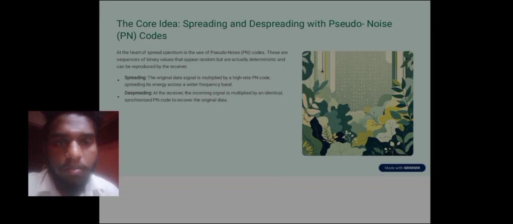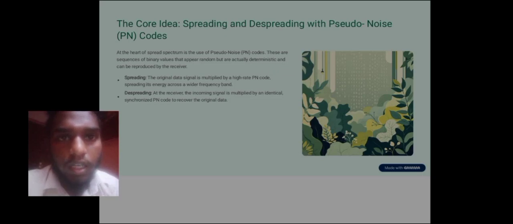In this communication, the PN code plays a main role during spreading and despreading. The PN code is expanded as pseudo noise code. During the spreading operation, the data is spread depending on the PN code before the transmission, and after the spreading the data is transferred by the channel or frequency or bandwidth.